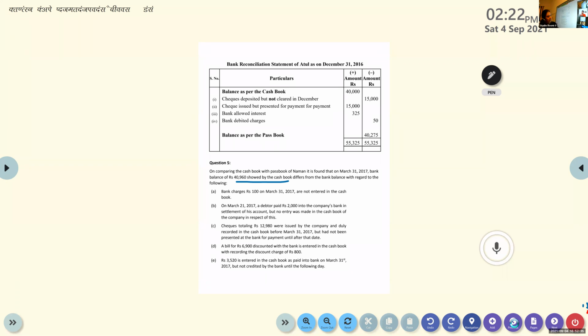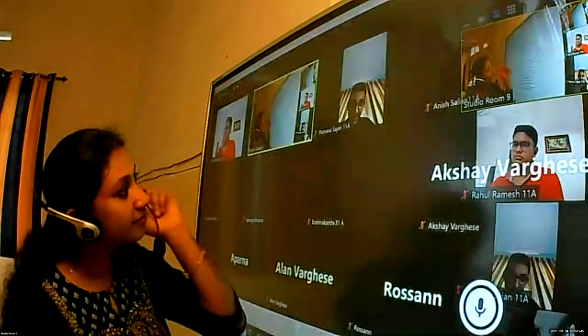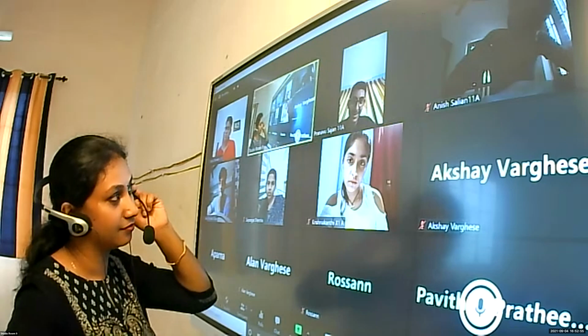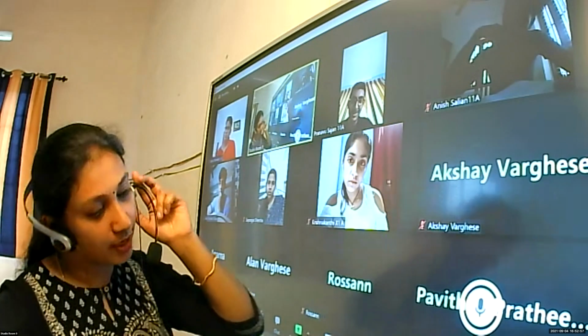The cash book will decrease. But earlier you said bank, no? Say once again. So the cash book will decrease. So for making it equal, we'll decrease from the passbook also. Is it possible to make changes to the passbook? We'll add it back.